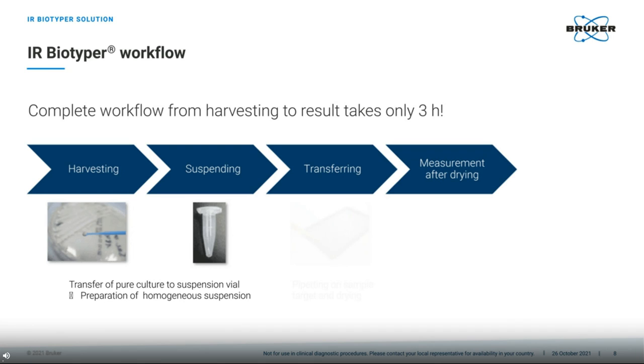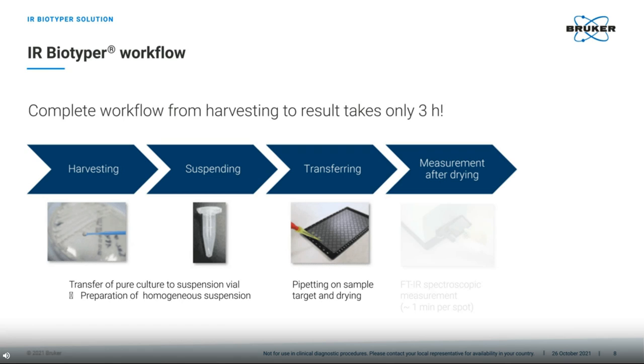Then this suspension is pipetted on the target plate. This is a standard 96 spot plate that the infrared light can be used for, and then it's simply dried on this target plate and inserted into the instrument.